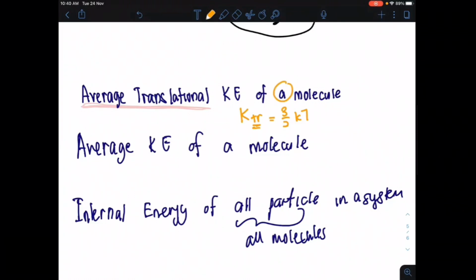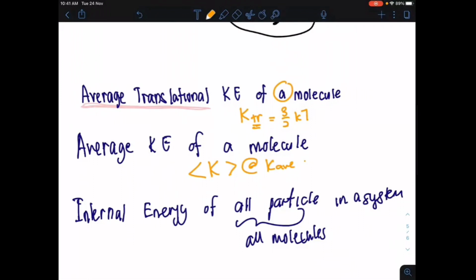Alright. Kalau dia minta average kinetic energy, dia tak mention translational. Maksudnya dia nak average kinetic energy. So kita nak kinetic energy untuk both the translational dan juga rotational. Sebab dia tak mention pun translational. So kita kena consider dua-dua. Right? When it is average kinetic energy, K average kita boleh tulis either one lah.